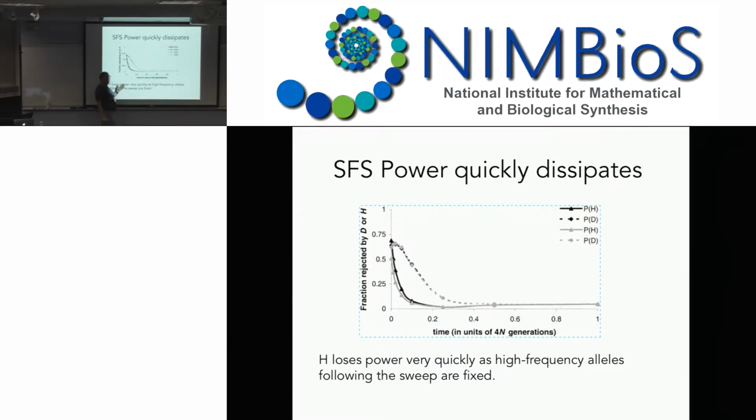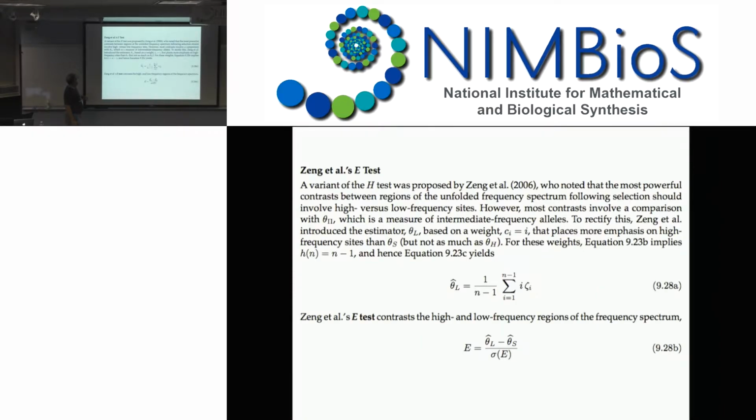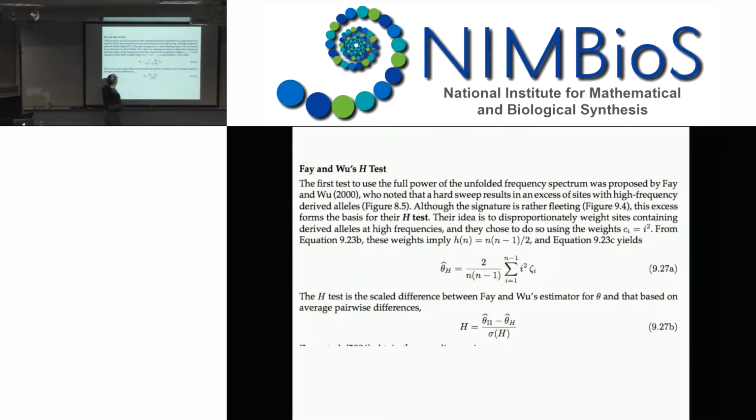So the way to apply these tests is you can use Tajima's D and either the D or the E test. So the E test here, instead of weighting high frequencies by i squared, weights them by i. No reason for one or the other. People try different weightings and see which had a better signal. So what we basically do here is you compare this weighting of high frequency against number of segregating sites, and H here compares the high frequency with respect to diversity.